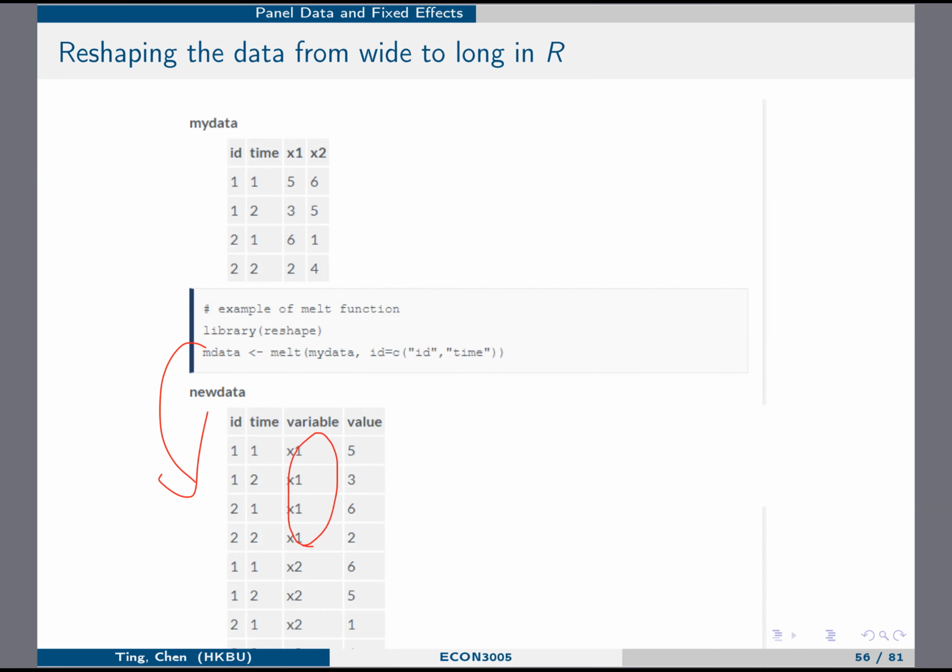We will also have x1 and x2 here. So now it's in the long format, and this value will just be this one, and this value will just be this one. Okay, so this is how we reshape the data from wide to long in R.